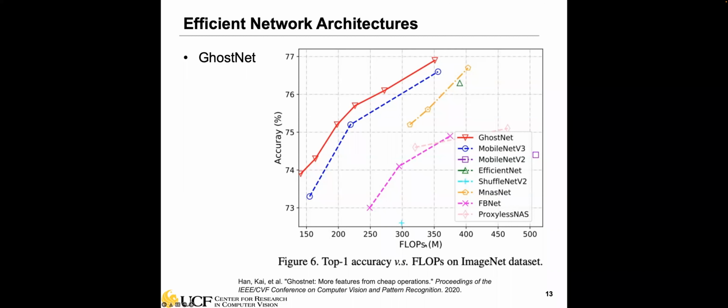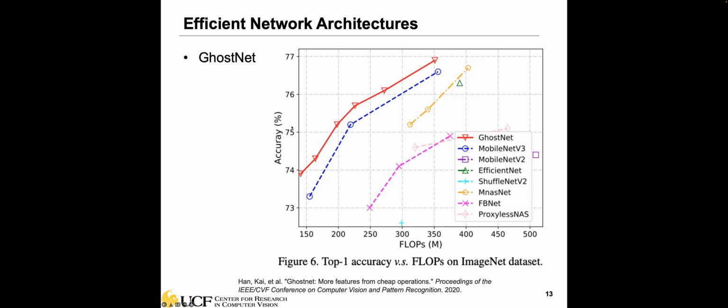Typically this is the metric to estimate the total compute of the network, how many floating point operations there are for a particular network. If they have similar compute for different networks, GhostNet is able to achieve better performance. So this red line across the spectrum of the FLOPs consistently outperforms the other networks.